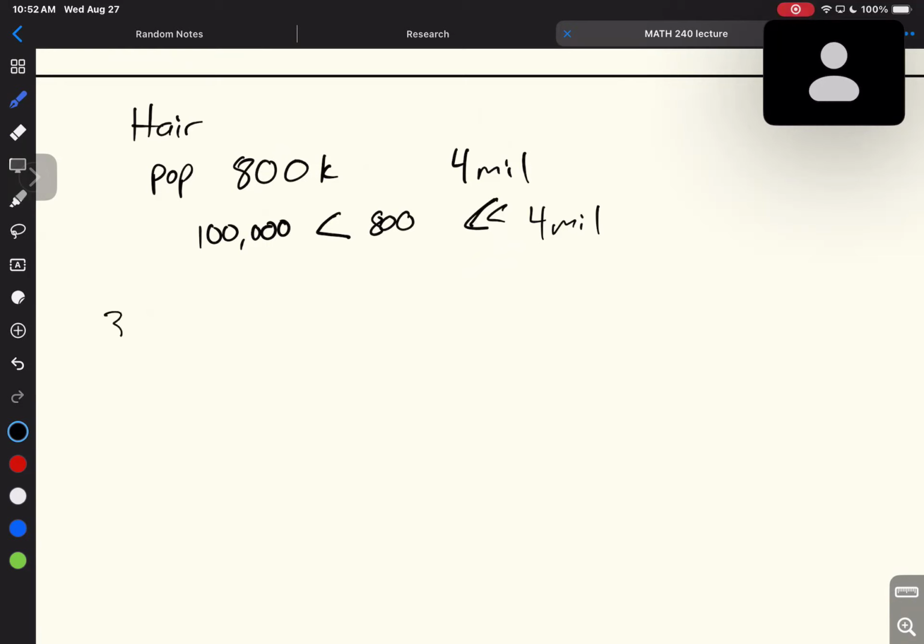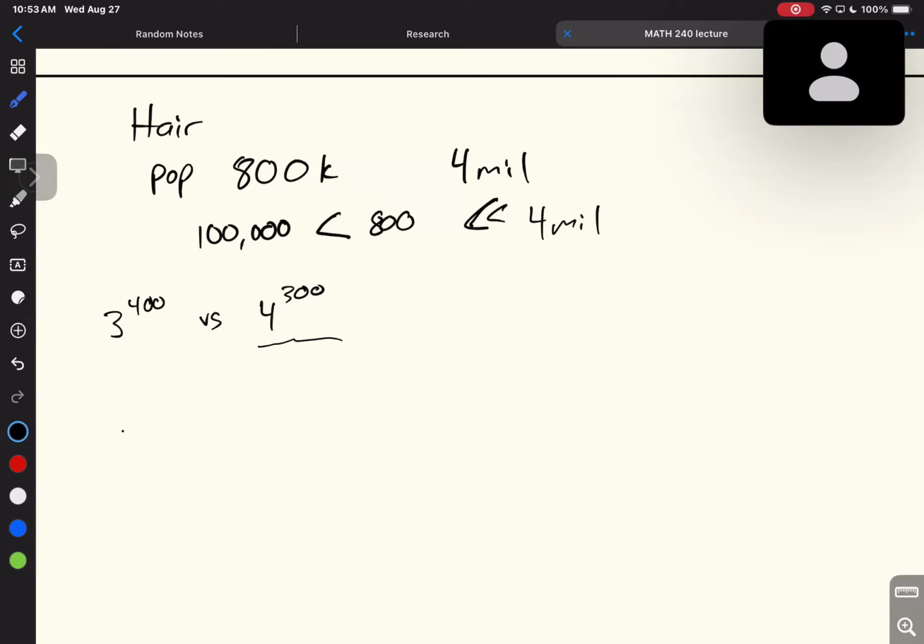There's also 3 to the 400 versus 4 to the 300. Your intuitive answer might be that 400 is bigger than 300. But does 4 being 1 more mean that there's more of these? No. We can reason this out without a calculator.